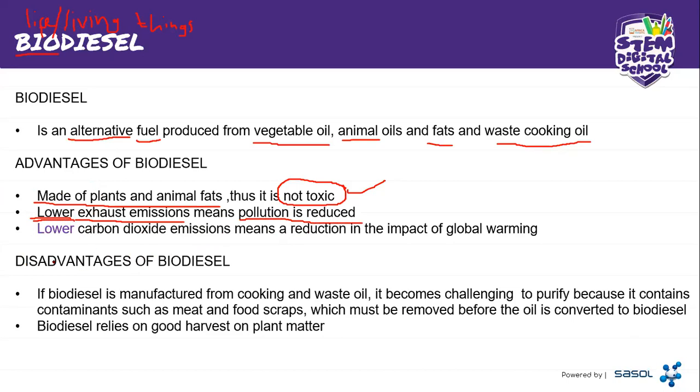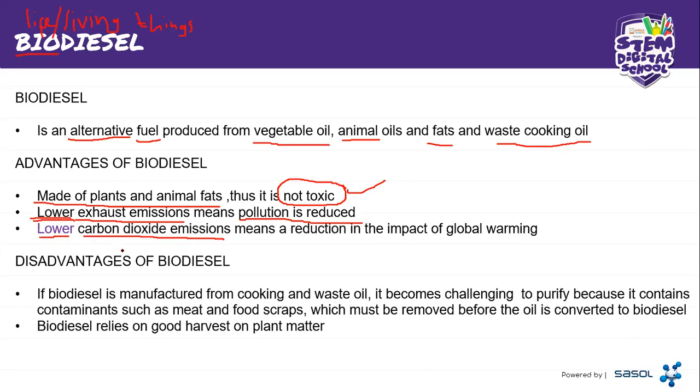Then again, we have lower carbon dioxide emissions altogether. So they are lower. It's not a matter of biodiesel is pure and it doesn't give any emissions. It still gives emissions, but they are lower. The exhaust emissions are lower. The carbon dioxide emissions are lower.